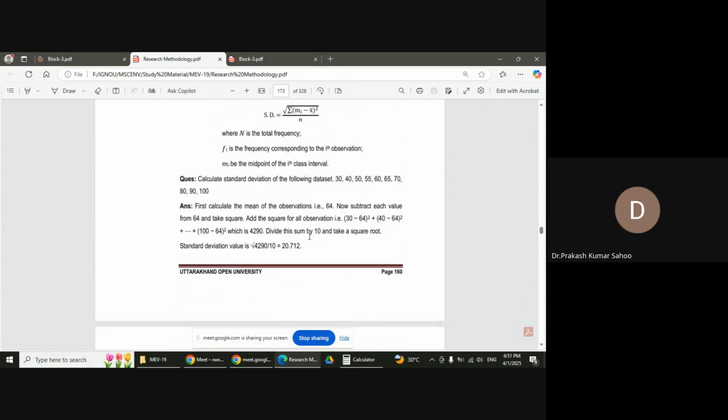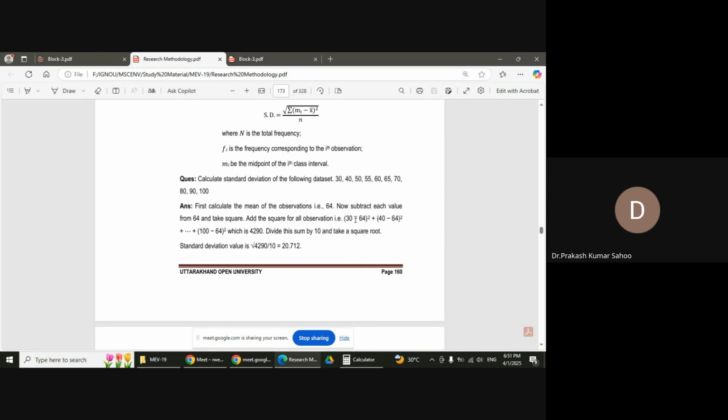Let's take some problems. This is the data we have. The mean value is calculated as 64. Then we square the differences of all the observations. The first data is 30, so 30 minus 64 squared.